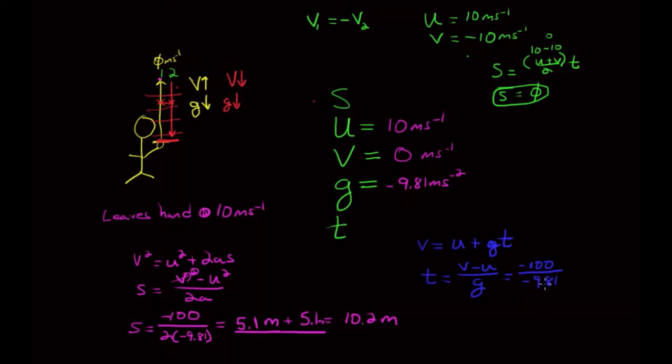In this case, just to speed this up, I'm going to estimate this to be 110, get my units right here, 10 seconds. So it's in the air for a total of 10 seconds. Let's see if I got that right.